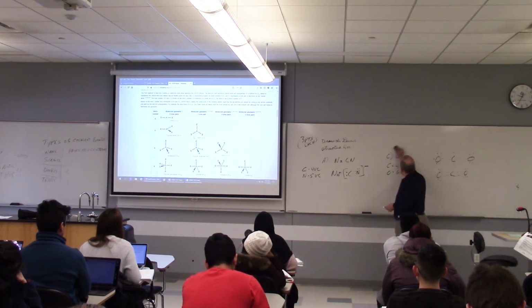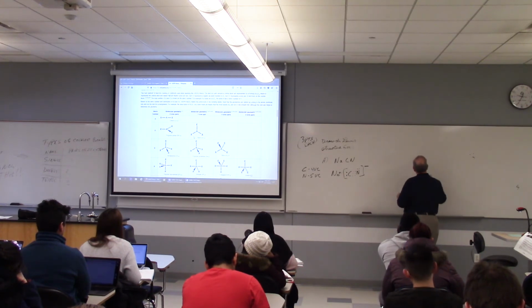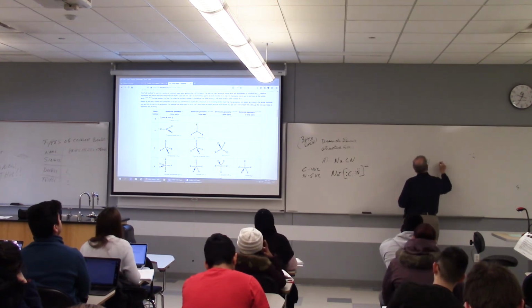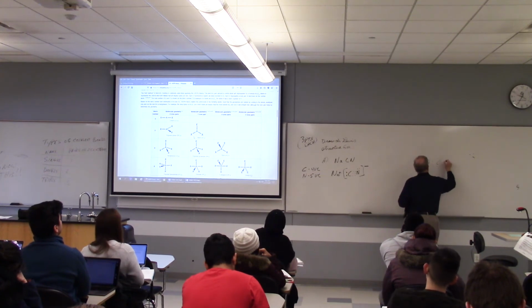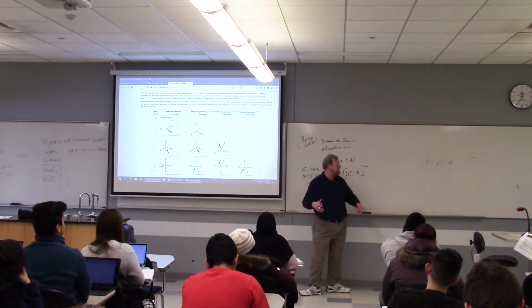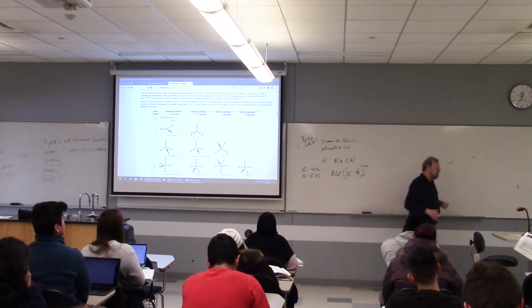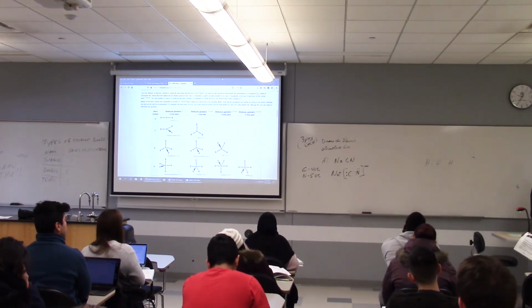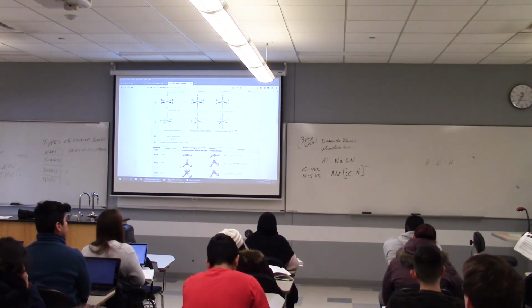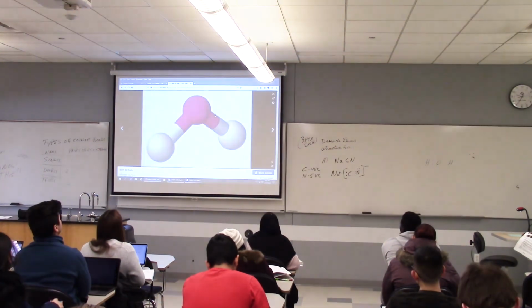Let's look at a water molecule real quick. I just drew the Lewis structure, which looks like this, but you have these electrons wanting to be as far away from each other as possible, and the way they do that is by having what's called a bend, like right here.